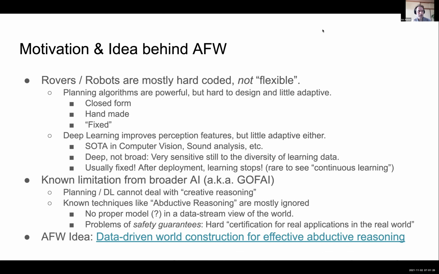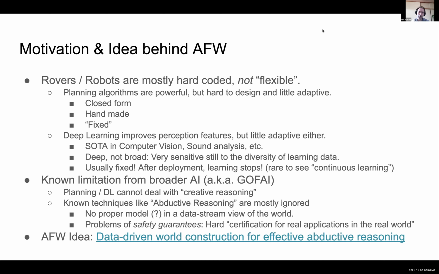One of the reasons why this happens in robots and rovers is that basically the planning, all the software, is hard coded, and it lacks flexibility. The history of planning algorithms for robots is pretty long, and they are very powerful. They are flexible.